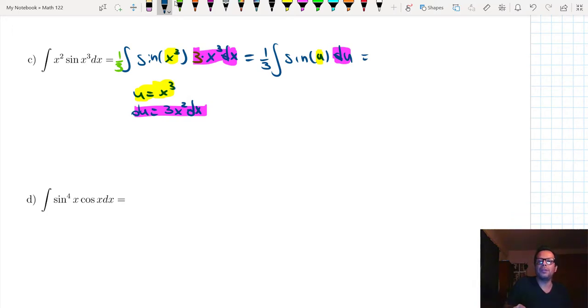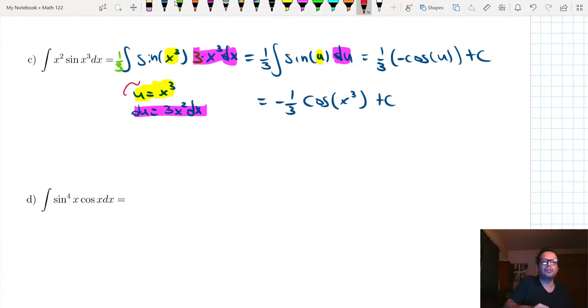So that'll be 1/3 times negative cosine of u plus c. And all we do now is back substitute for our u. I'm going to take out this negative sign in front of the constant, and cosine of, instead of x, I'm going to substitute x cubed, plus c. Don't forget your plus c.